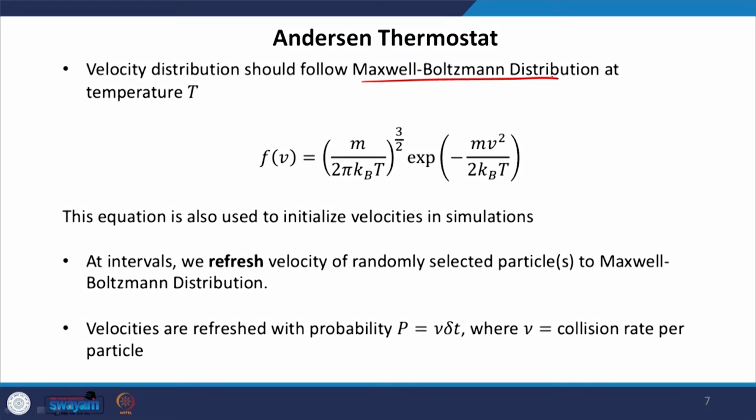So, the probability density to have a velocity of magnitude v is given by this particular function, and in fact this function is what we use to generate the initial momenta of the particles in the simulation. So, if I want to simulate a temperature T, I first generate an initial distribution using the Maxwell-Boltzmann distribution.